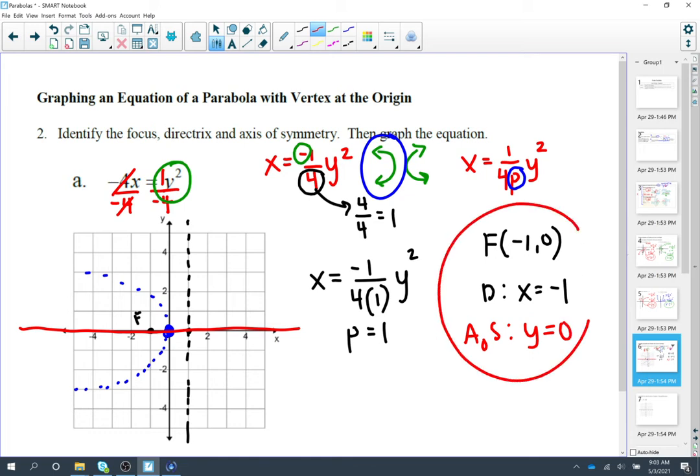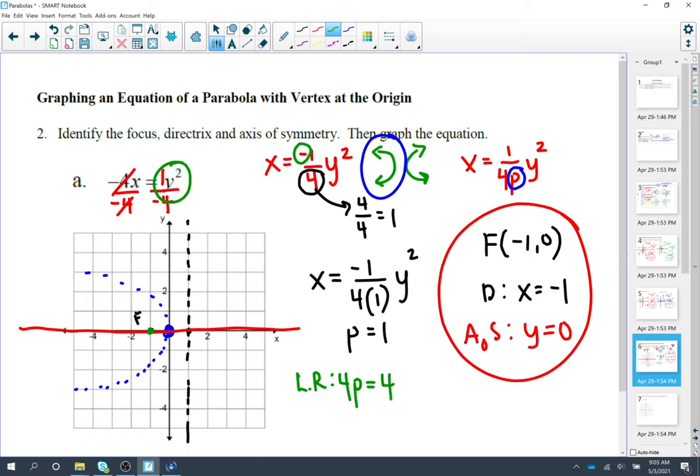The last thing we have to do is appropriately graph this. Try to remember that at the beginning we had a conversation about the latus rectum, and the latus rectum is 4p. The latus rectum is the distance from your focus up to your parabola and down to your parabola. So the latus rectum is 4p, which in this case is 4 times 1, which is 4.